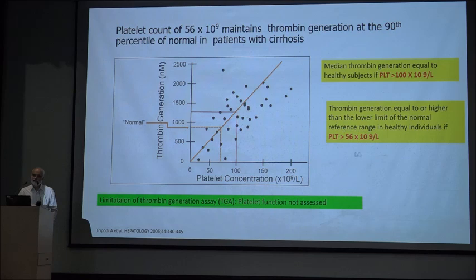So at this level of platelets, the thrombin generation in cirrhotics is above the 95th percentile, that is considered the normal range. Now the limitation of the thrombin generation assay is that platelet function is not assessed. It is only assessing the concentration, whereas we know that platelet function may be adequate, or even platelets may be hyperactive, hyperaggregating also.